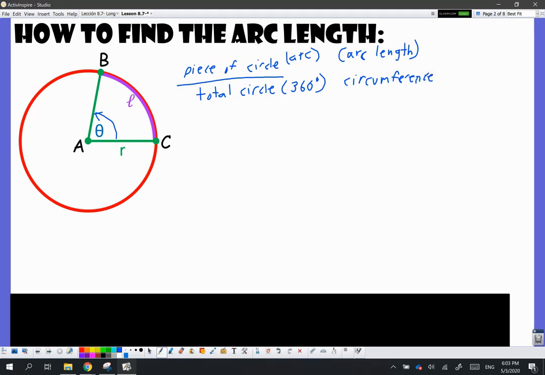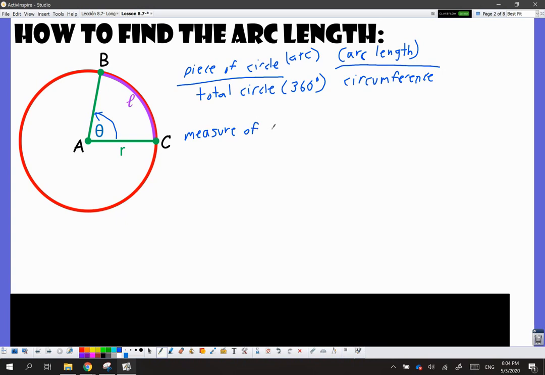So I want to set up a proportion so that I can cross multiply, and that will lead me to whatever the arc length is. So let's set it up to see what that would look like. First, I know that I need the measure of the arc.